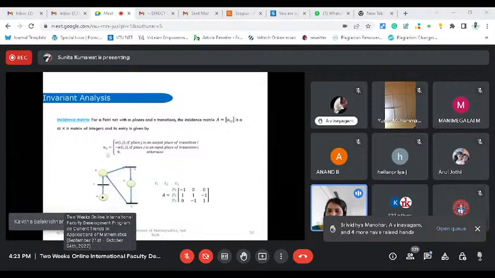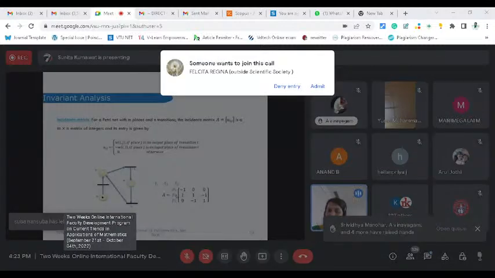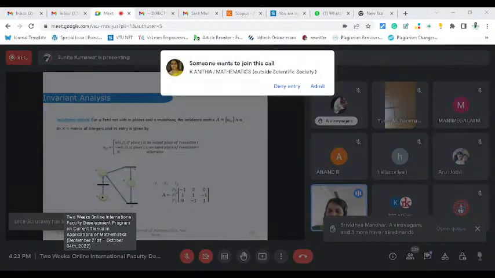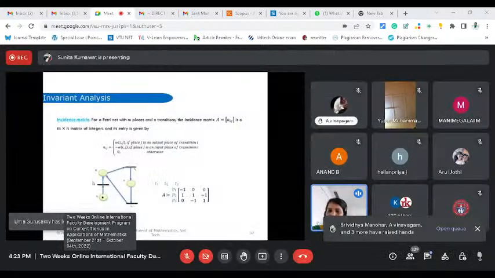So we have formulated here the incidence matrix, and you can see the rows are taken as places and the transitions as columns. Here P1, T1: P1 is the input place for T1, so that's why we have placed -1.